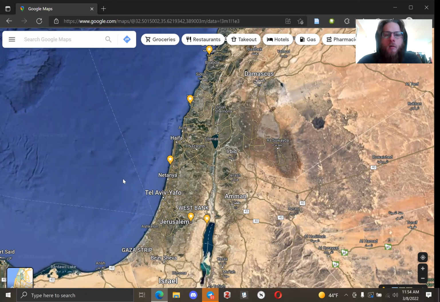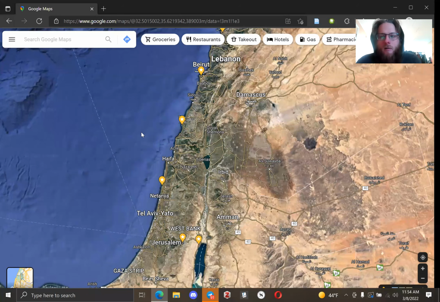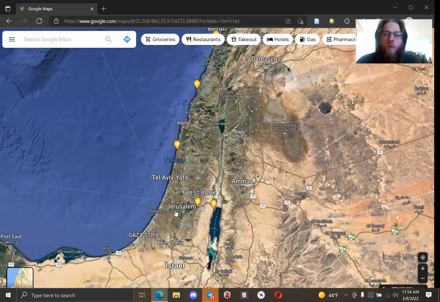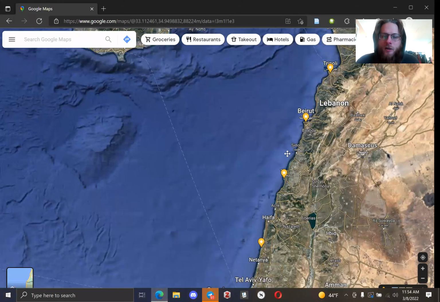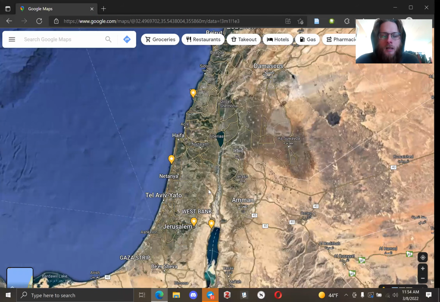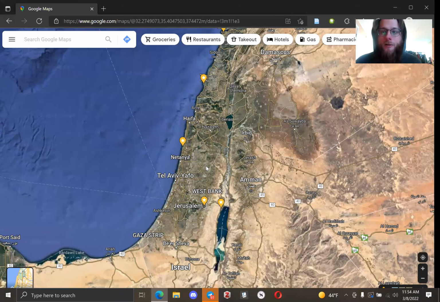They want silver. So where is the silver coming from? Well, the dominant silver coin in the region before 66 AD is the Tyrian shekel. So here's a city called Tyre. It's a Phoenician city, and it mints a silver coin called the Tyrian shekel.